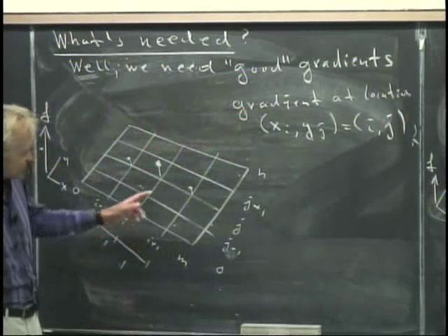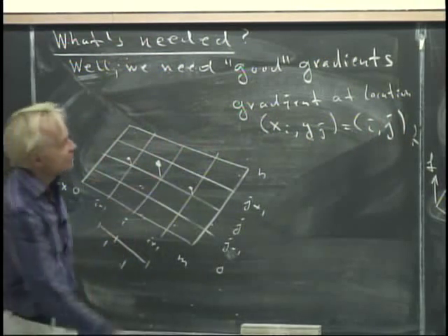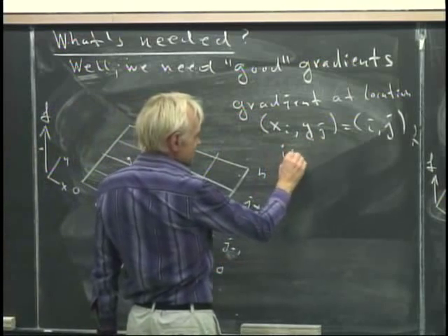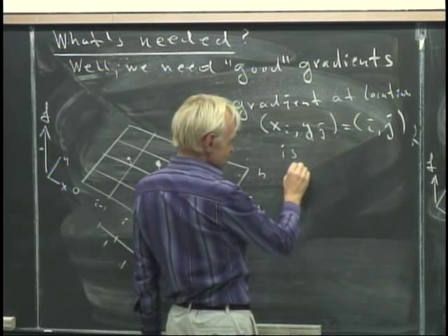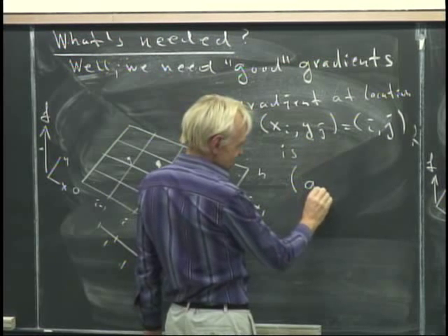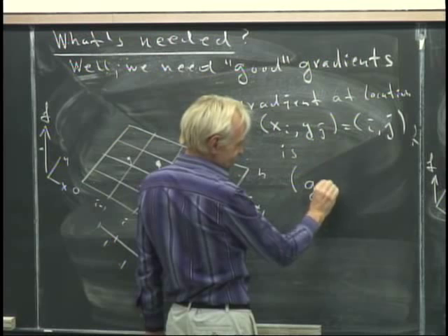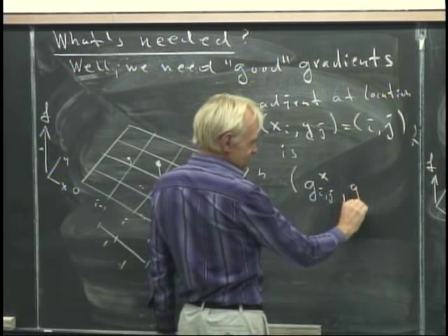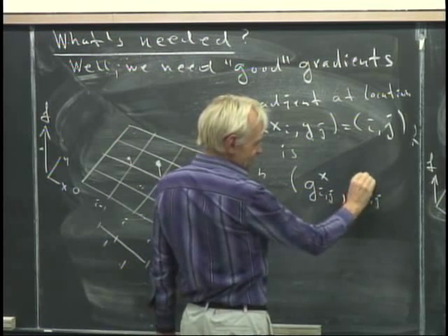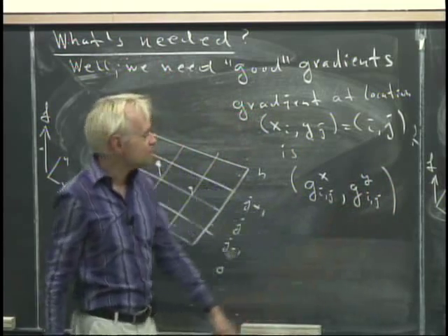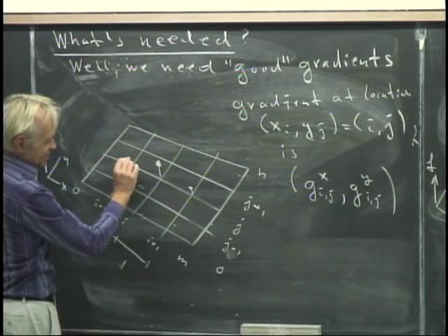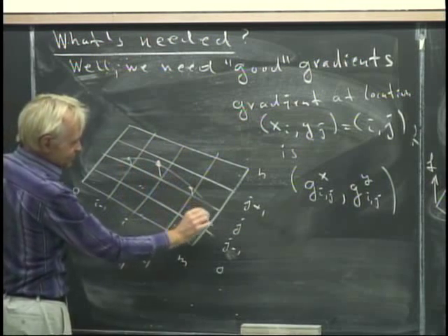Right, this location is just location ij there. The gradient at location ij has two components: an x component, and a y component. Right? I need the derivative in x and the derivative in y. And as I said, we can just trust our eyes.